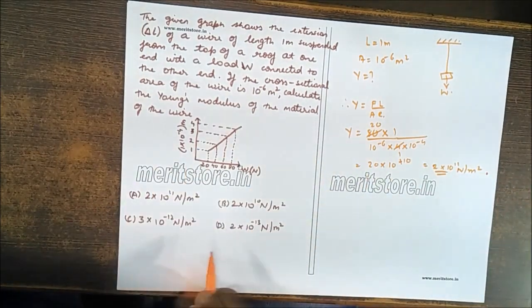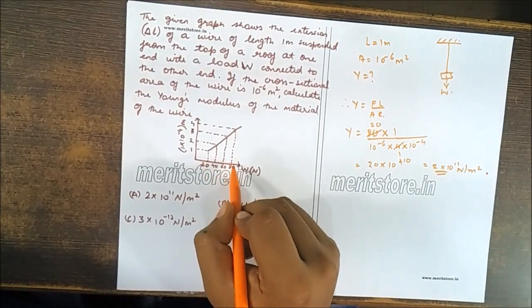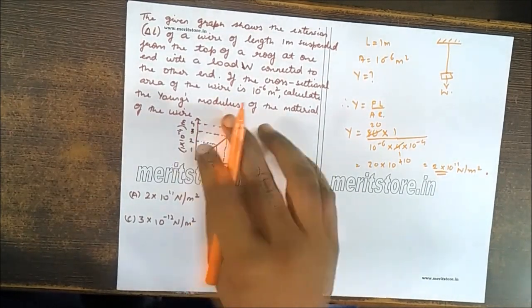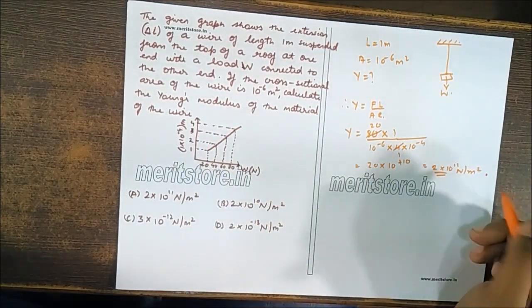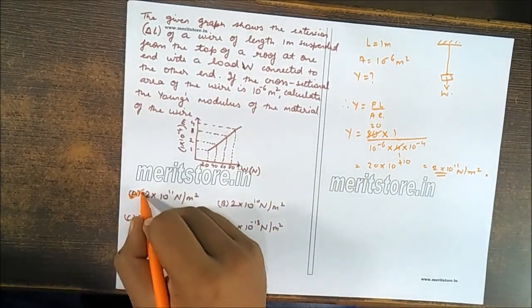So a question which looked a bit confusing but very simple. So in such questions we can assume any one condition and we can solve it very simply. So the required answer is 2 into 10 raised to 11 Newton per meter square, option A.